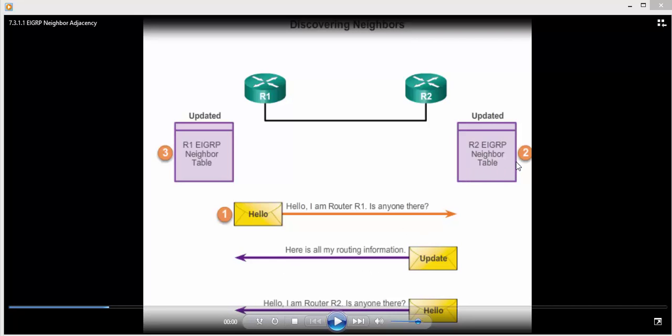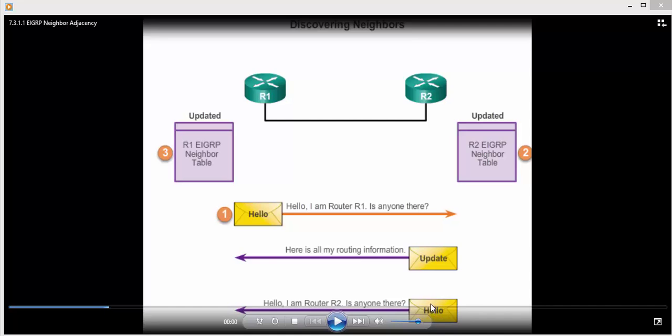Now router R2 receives the hello packet on its EIGRP-enabled interface, and R2 replies with an EIGRP update packet that contains all the routes it has in its routing table, except those learned through that interface, which is split horizon. However, the neighbor adjacency is not established until R2 sends an EIGRP hello packet to R1.